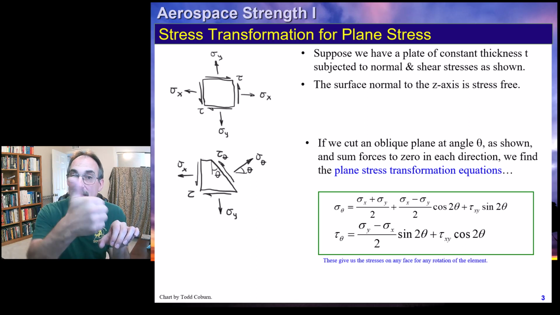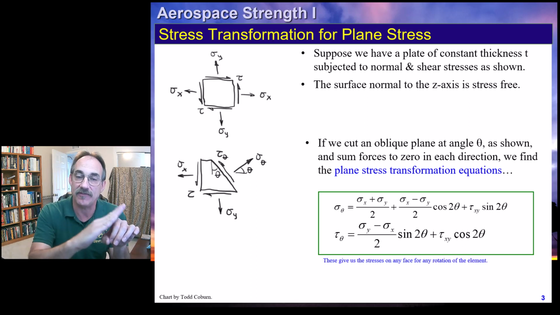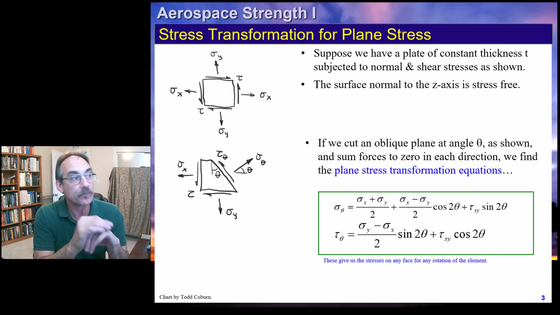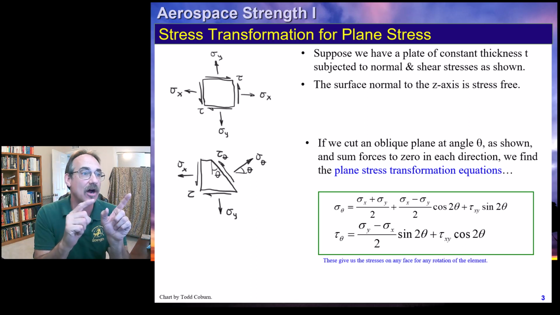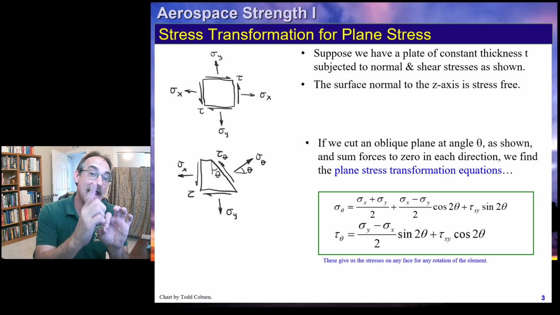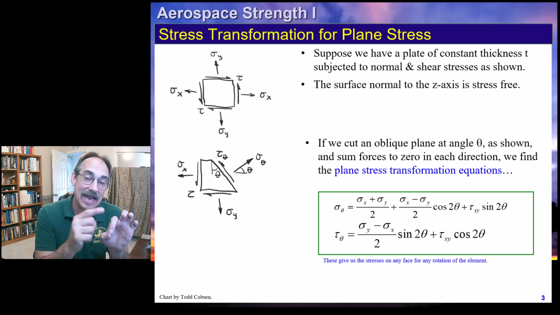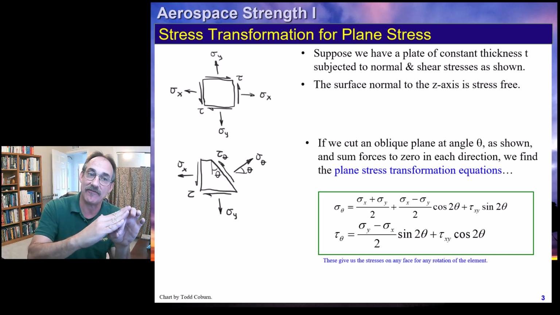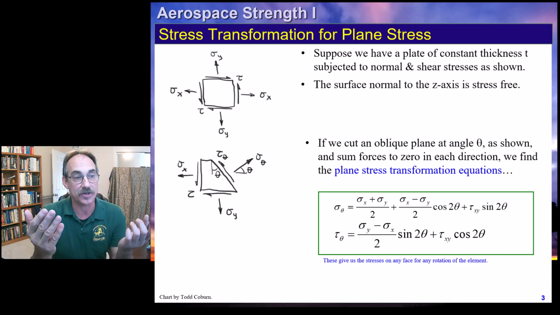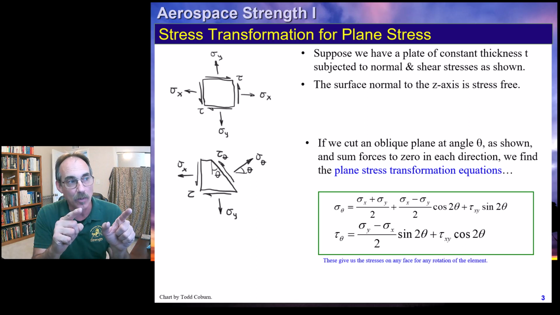Now we have sigma x and the changing face, tau and the changing face, both affecting our stresses, and sigma y on the element and how that affects that changing face. Sigma x, sigma y, and tau, and how they are acting on that face as we rotate it to get the full stress picture. These are our two equations.